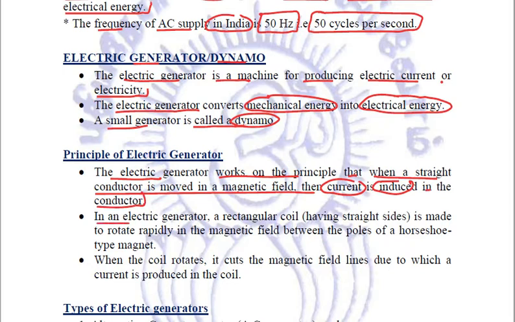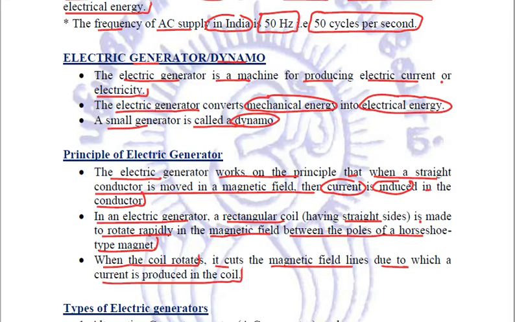Now, in this electric generator, a rectangular coil which is having straight sides is made to rotate rapidly in the magnetic field between the poles of a horseshoe type magnet. So when this coil keeps on rotating, it cuts the magnetic field lines, and because of which a current is produced in the coil.